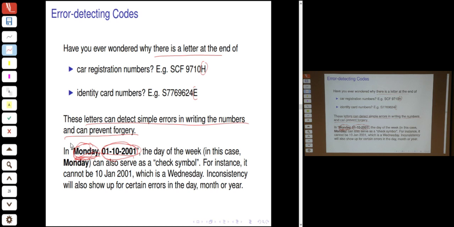Suppose I need to submit this date somewhere. I say Monday 1st October 2001, and the person who receives it immediately checks whether the claimed numerical date was indeed a Monday, and if it is not a Monday, that is an immediate alert that the numerical date I submitted was wrong. Okay? So, that is the way it works.